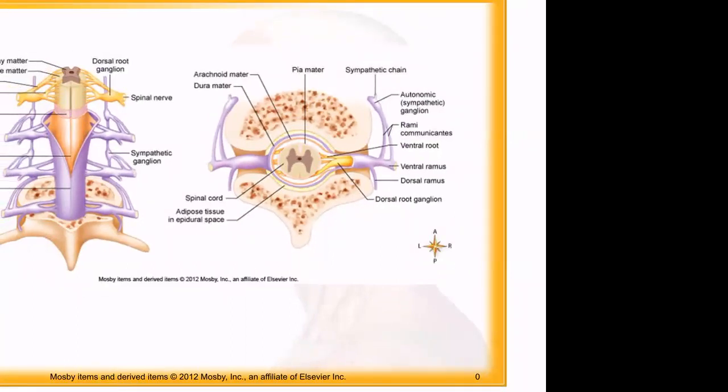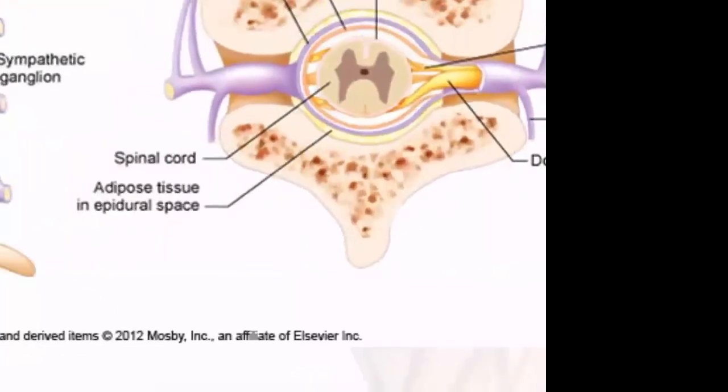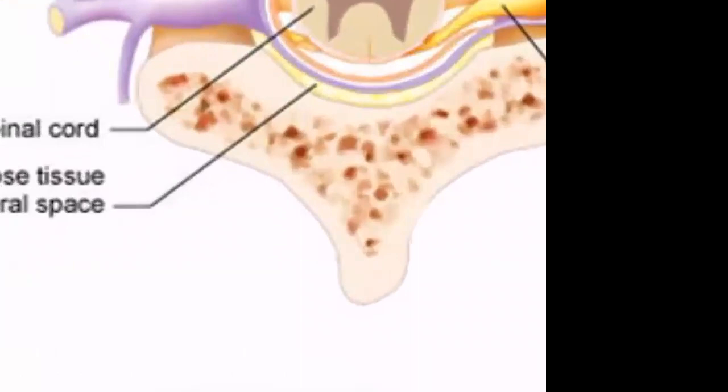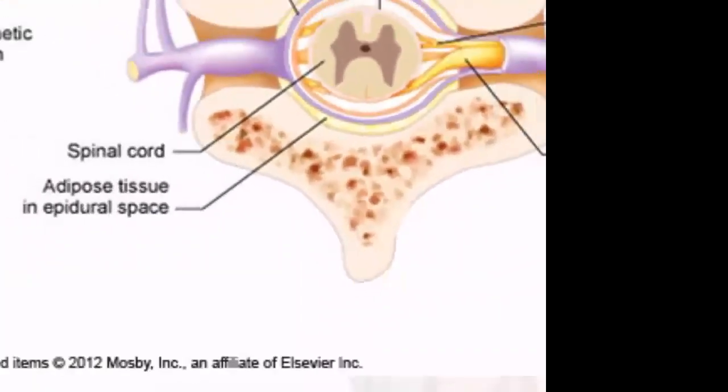And we have something else here. We have this layer of fat that is unique to the spinal cord. That is called the epidural space.